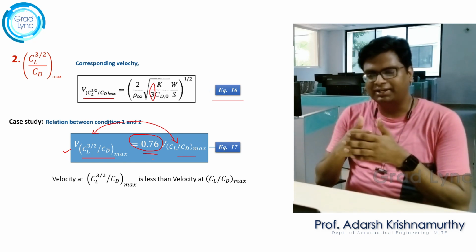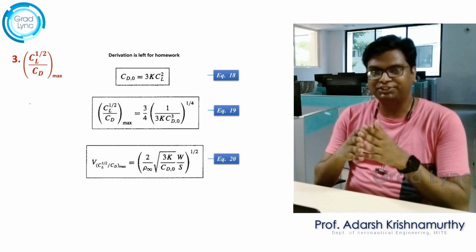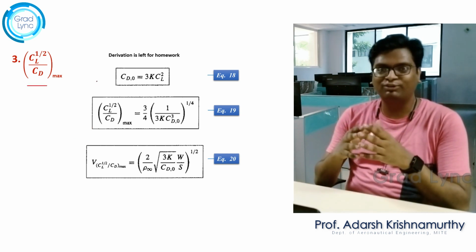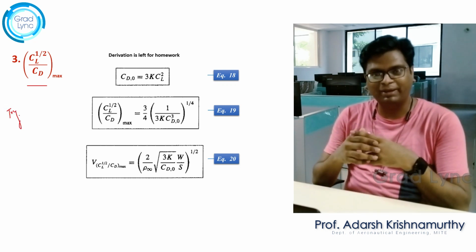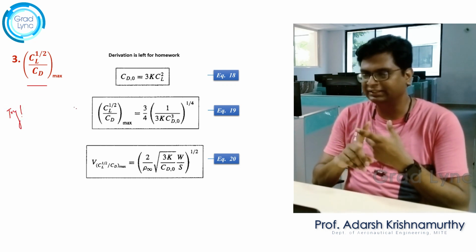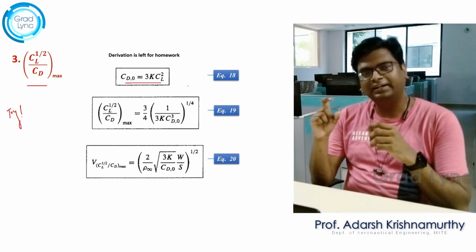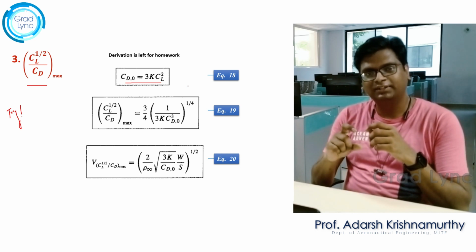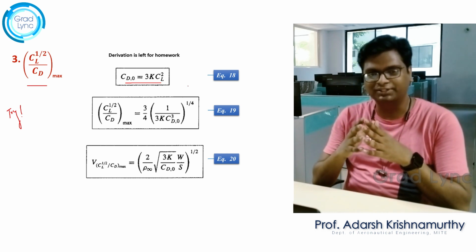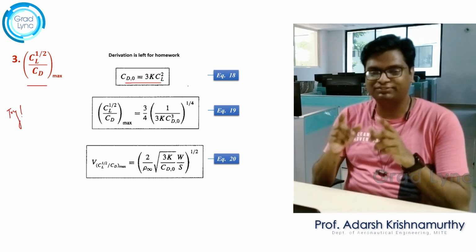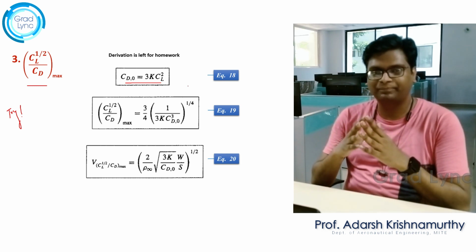Now moving on to the third ratio, that is CL power 1 by 2 by CD max. Derivation, I will leave it as homework. Please try it, you will enjoy the derivation. The condition for this ratio to be maximum, equation number 18, tells that if I reduce the induced drag coefficient to one third with respect to the parasite drag coefficient, the aircraft is flying at CL power 1 by 2 by CD max.